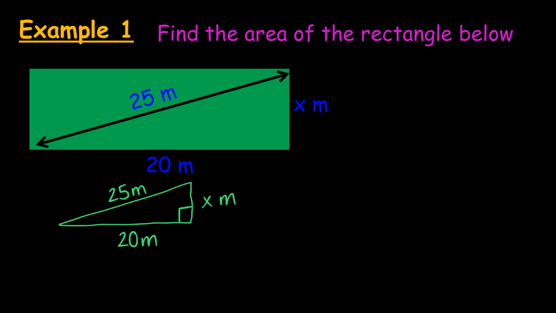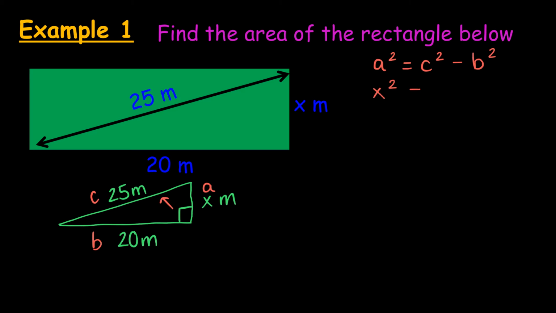So I'm going to quickly label the sides. The hypotenuse here is 25, our C. A is x, what we're trying to find, and B is 20 metres. Now I'm going to copy down the formula and substitute in what I know and what I'm being asked to find out. So A squared, remember we're using this version of the formula, equals C squared minus B squared.